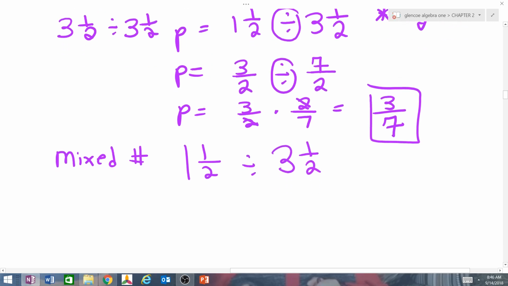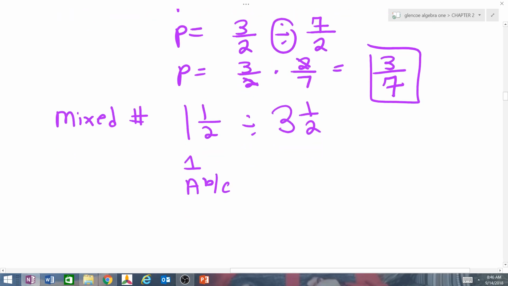So you're going to type in 1, then your fraction bar, 1, your fraction bar again, and then 2. Then you're going to hit your division sign. So let's do it on the calculator.